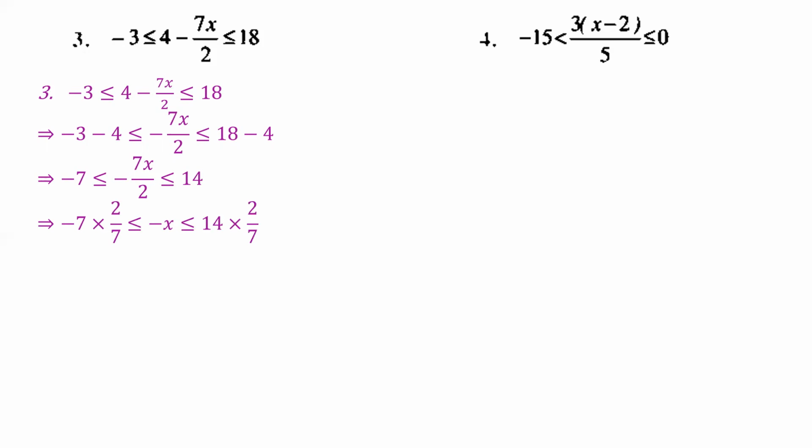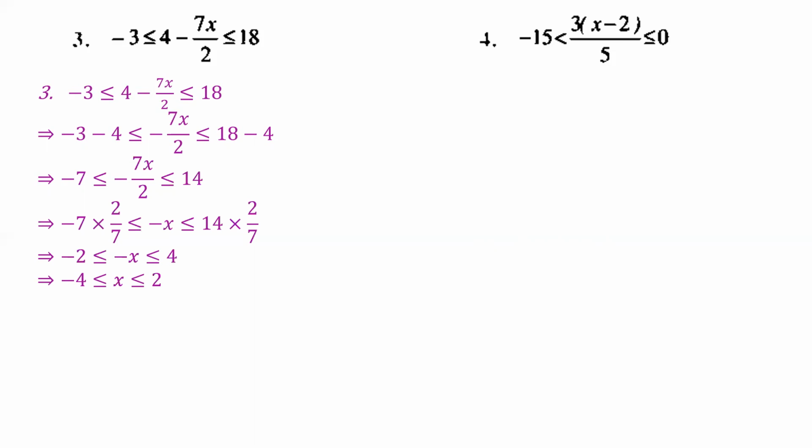Now multiply both sides by 2 by 7. On the left hand side you will find minus 7 into 2 by 7 less than or equal to minus x, and less than or equal to 14 into 2 by 7. Simplifying, you will find minus 2 less than or equal to minus x less than or equal to 4. Now multiplying this whole inequality by minus 1, you will find minus 4 less than or equal to x less than or equal to 2.